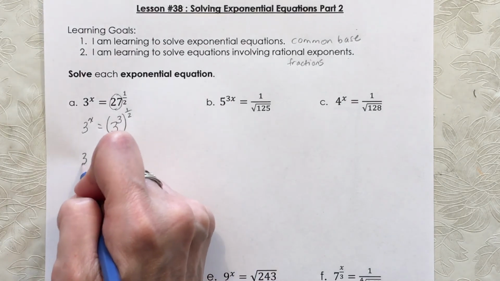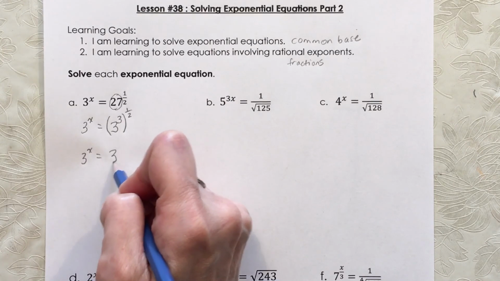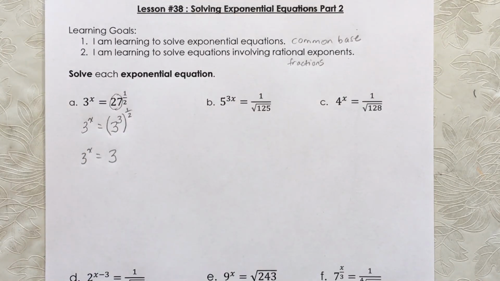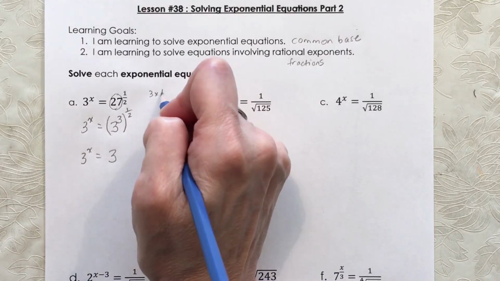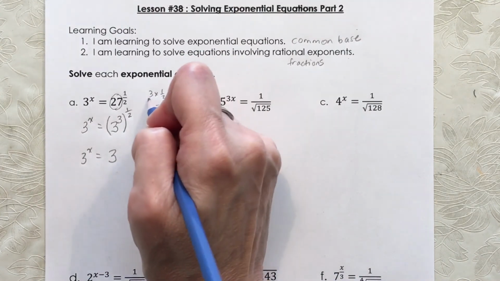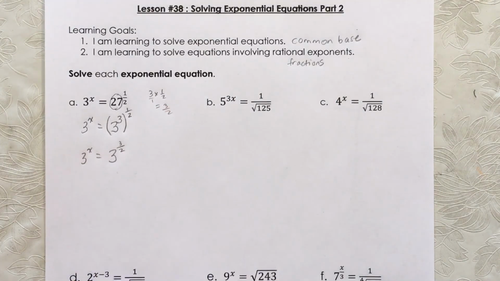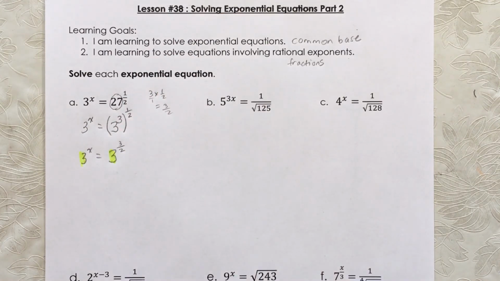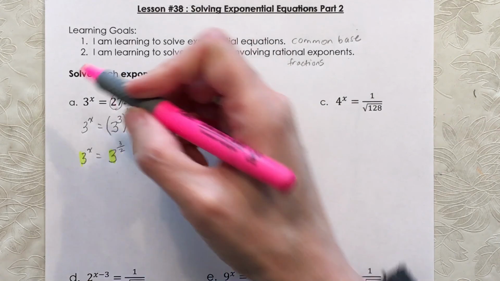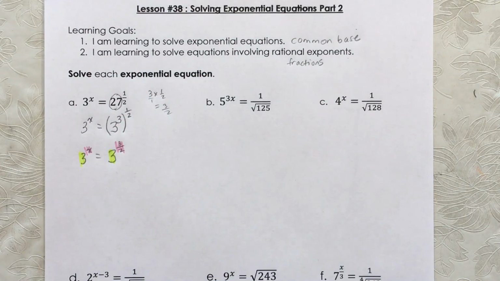And then we can use our power to an exponent rule, which says to keep the base and multiply the exponents. 3 times 1/2 is 3 over 2. So now we have the same base on both sides, so we've got the common base, which means that for the equality to be true, the exponents also have to be equal.